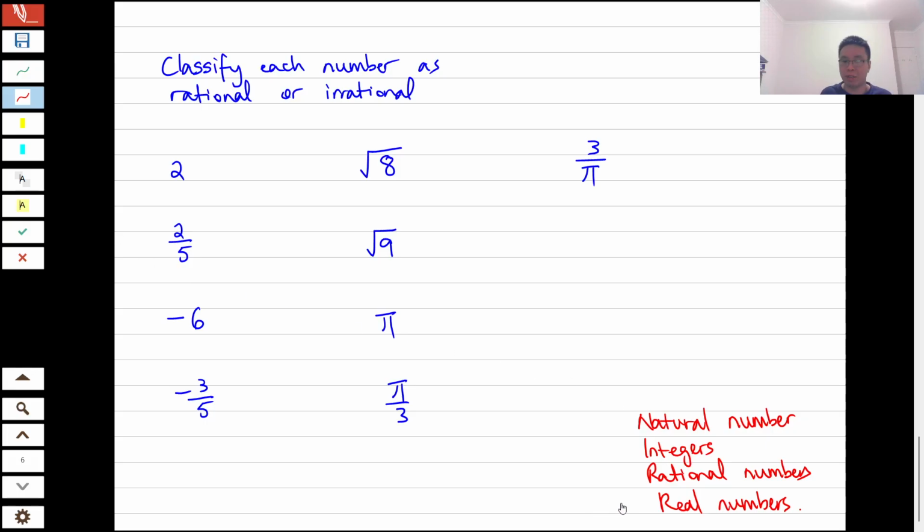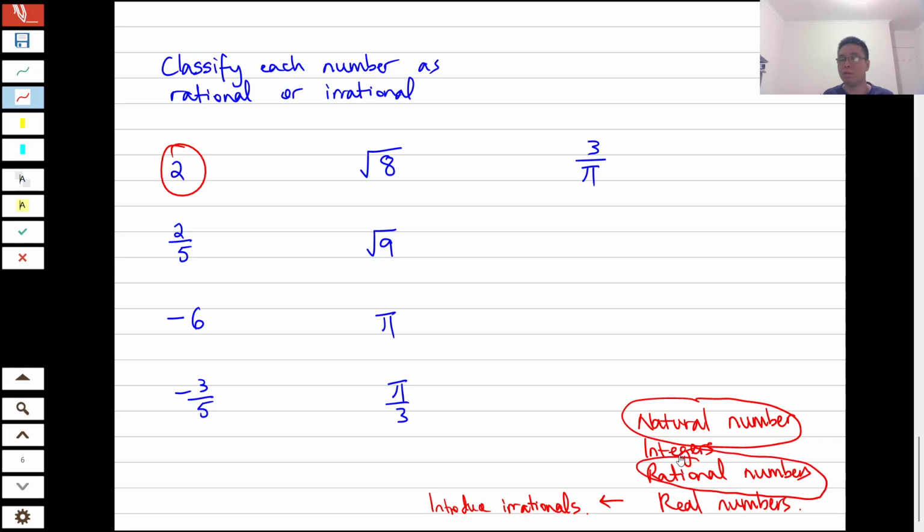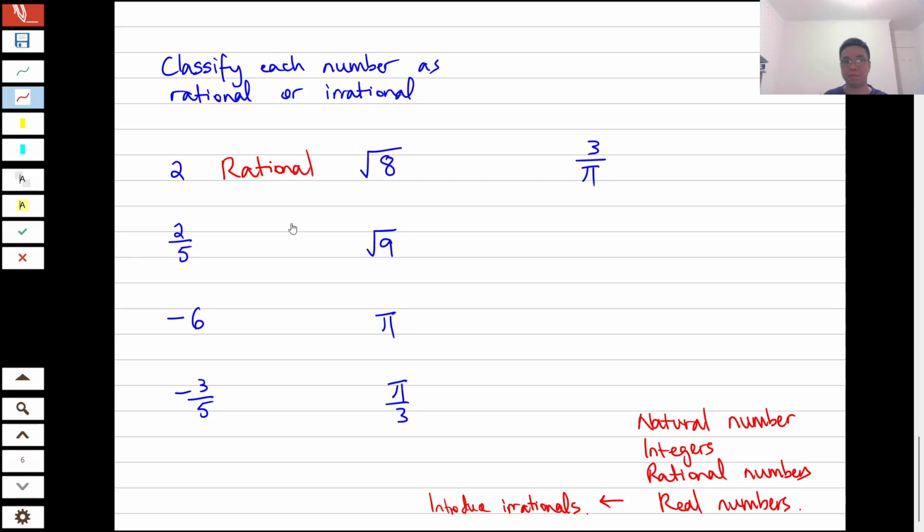But the real numbers introduce the irrational numbers. So anything that's not rational is irrational. Now, the number 2 counts as a natural number. And the natural numbers are included in the rational numbers. So, number 2 is rational. Even though it's a natural number, the natural numbers count.